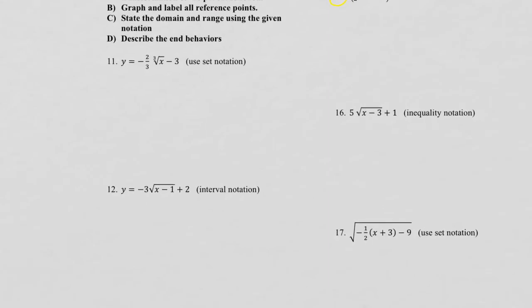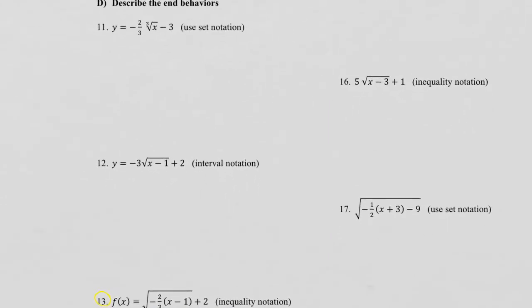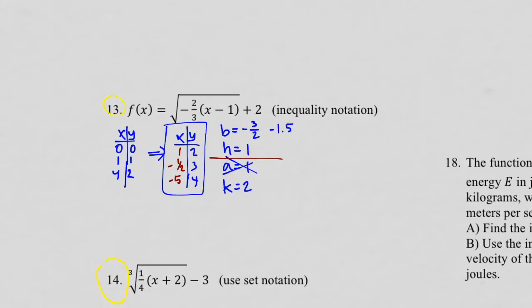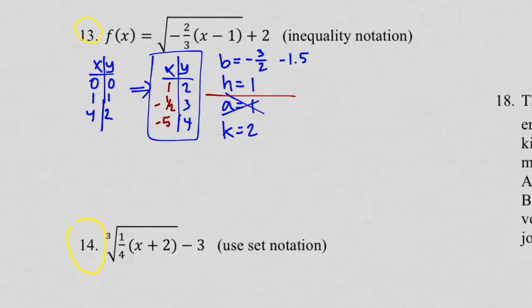State the domain and the range using the given notation. Describe the end behaviors. Okay. For square root functions, you have to give the domain and the range. Domain depends on h, range depends on k. So here's what I mean. The domain for this one, you look at h, which is 1, and you're basically saying all values of x such that x is something related to h.